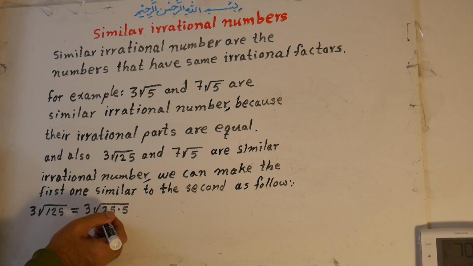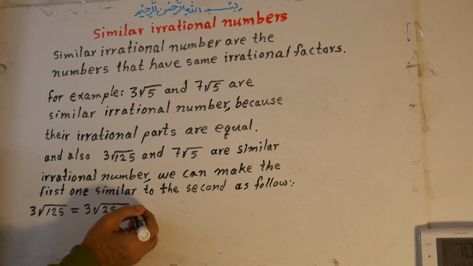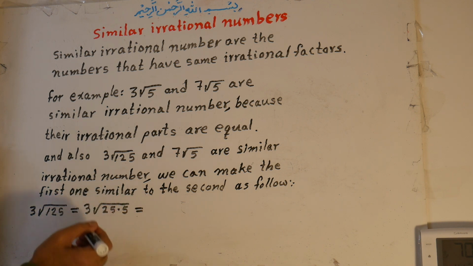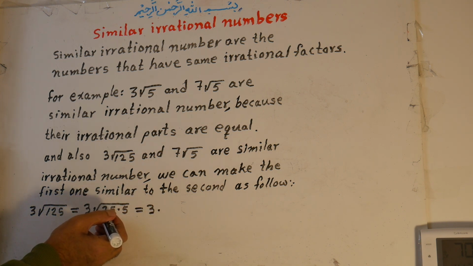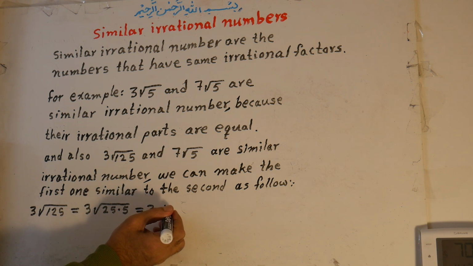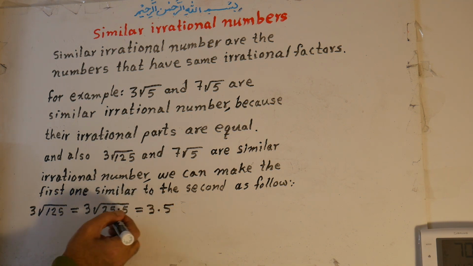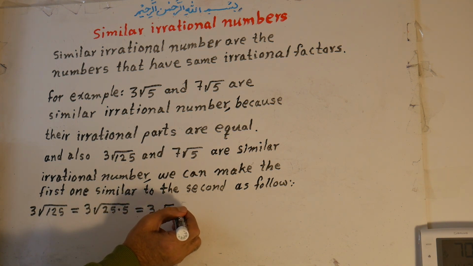Because both are under the same square root, we can factor one or both of them. If you take the square root of 25, it is 5, and here remaining only the square root of 5.